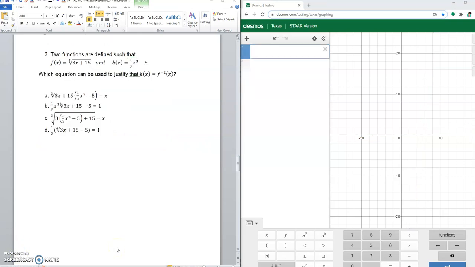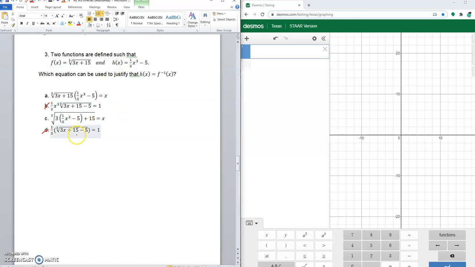Next question. The two functions are defined such that this and this. Which equation can be used to justify that they are inverses? What's going to happen is you want it to equal x. Therefore, I can already eliminate those that say they're equal to 1. So when you do this, you've got to do the composition.